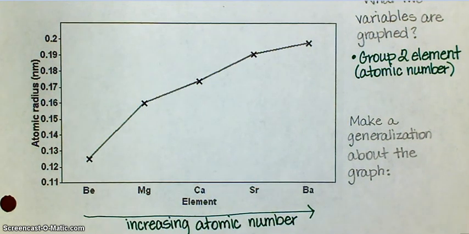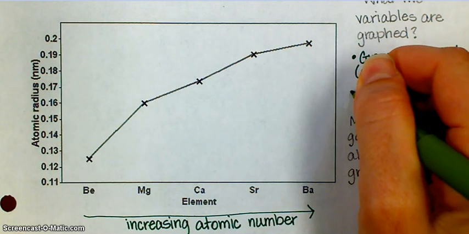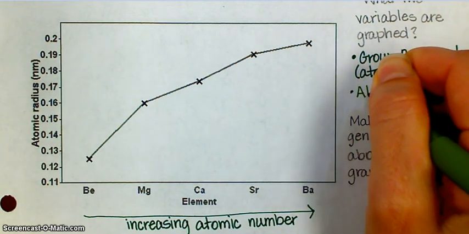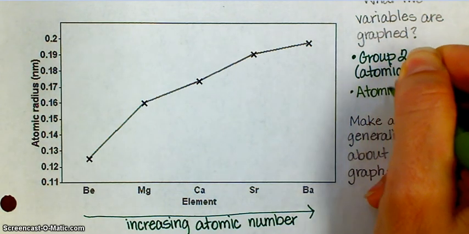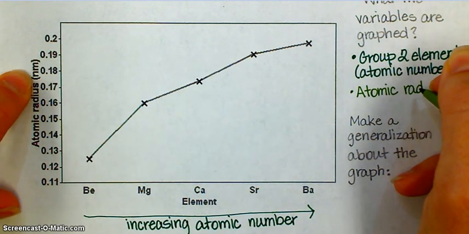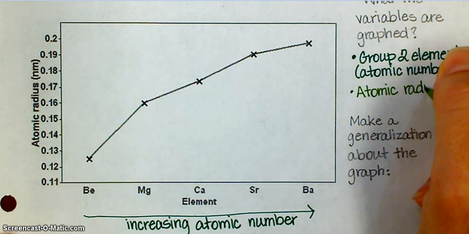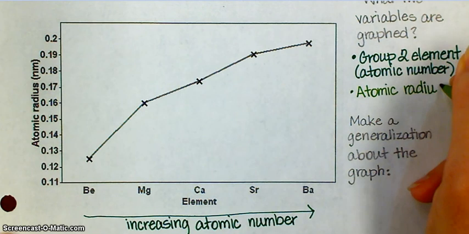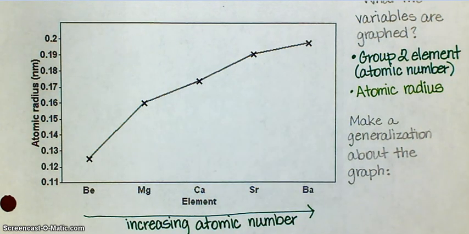Okay, and then my other variable is atomic radius. And the little NM right there just stands for nanometers, which is a really, really, really small measurement. Okay, so my two variables are the atomic number of my group 2 elements and atomic radius.